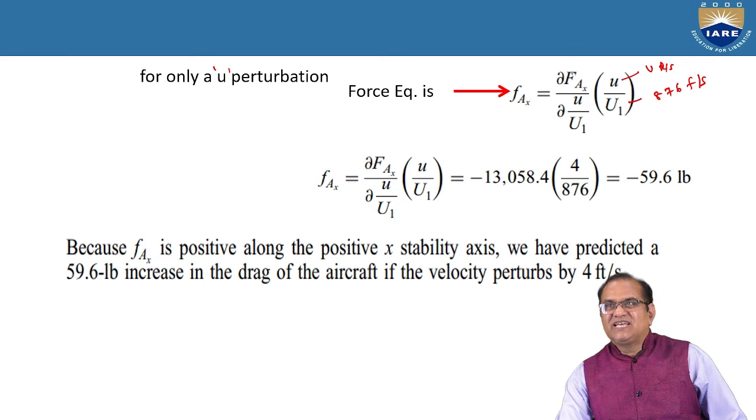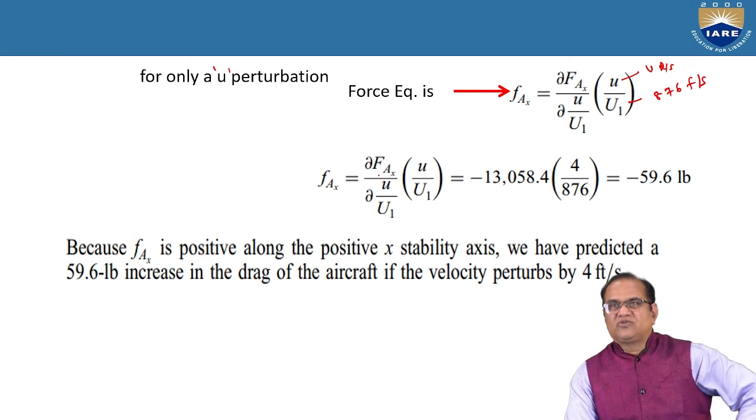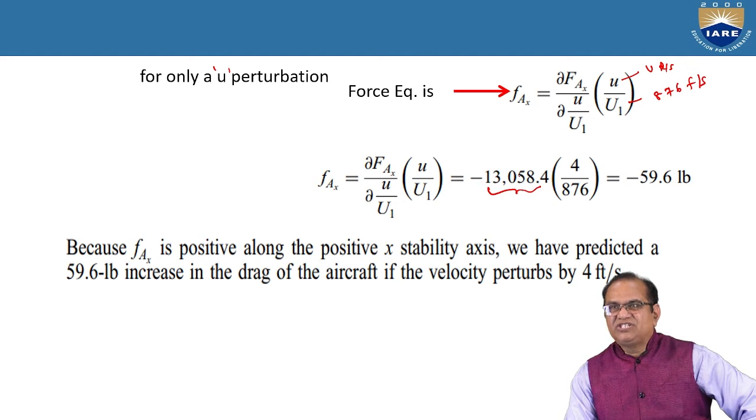We know all these things, and the slope of this curve we have got as a minus. So Fax is equal to minus 13,058.4 times 4 by 876.